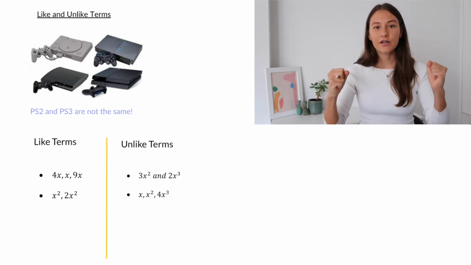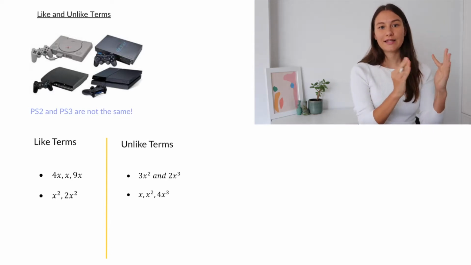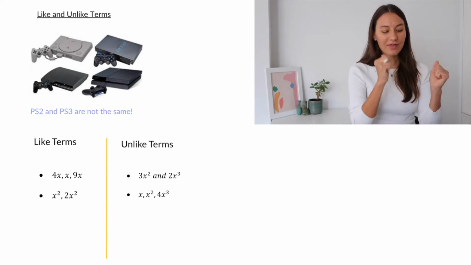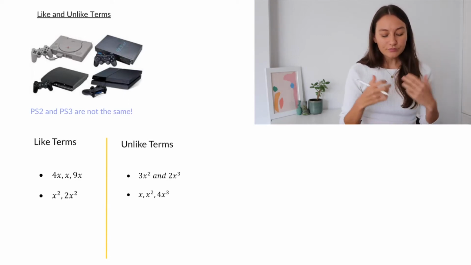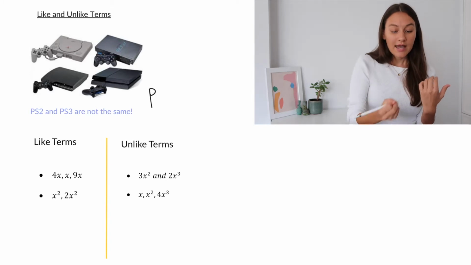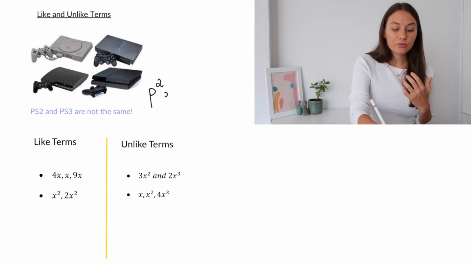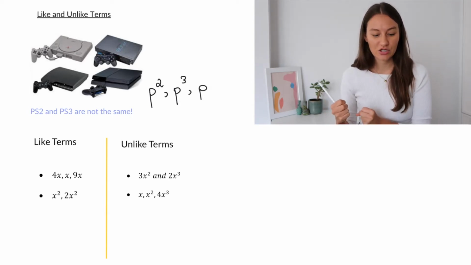They're completely different systems that we can't actually put together. So they might start with PlayStation, that name PlayStation, but that 2 recognizes it as its own thing. And so this is basically saying that if I had p squared, I can't put it together with a p cubed or even a p. They're all different. One is a PlayStation 1, one is a PlayStation 2, one is a PlayStation 3.